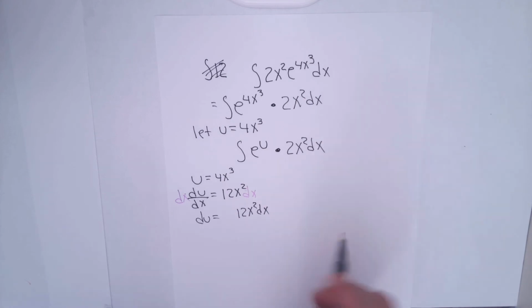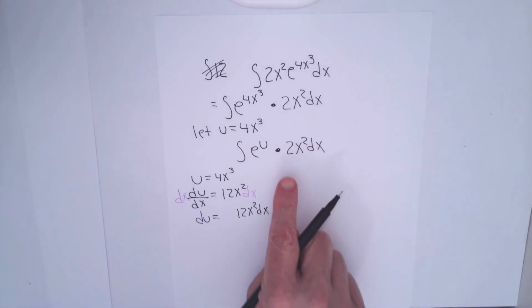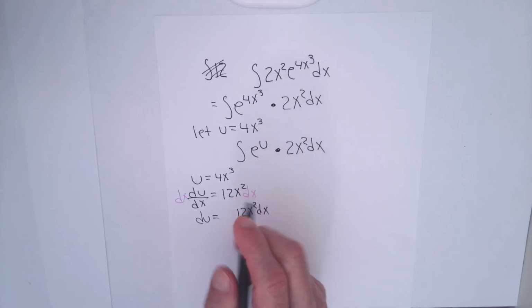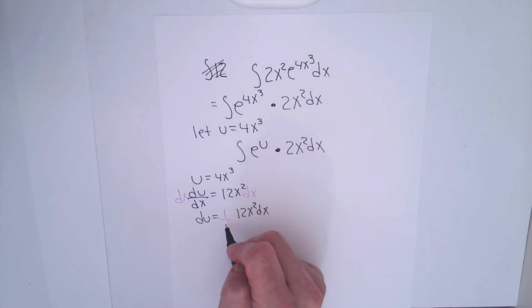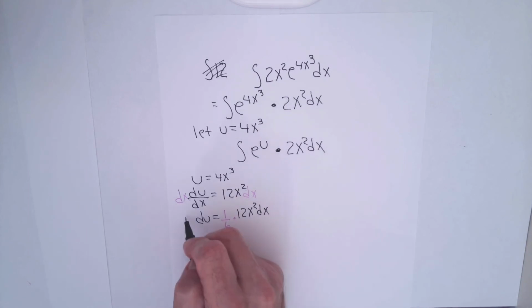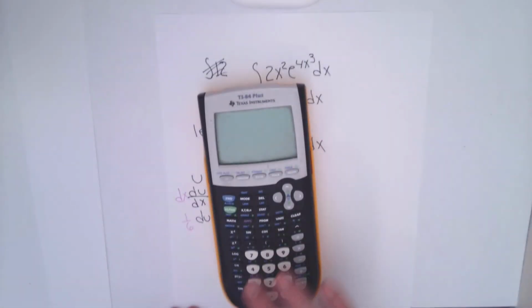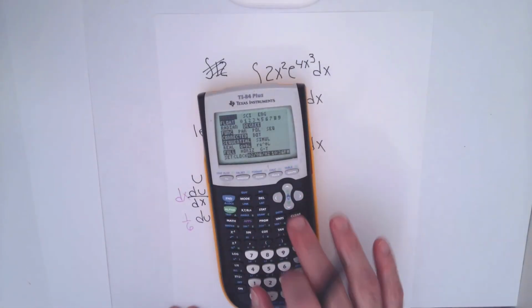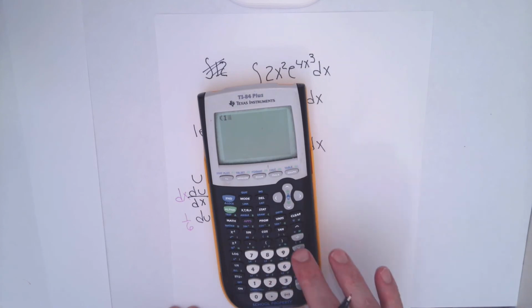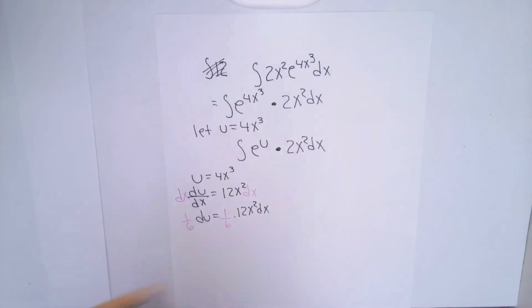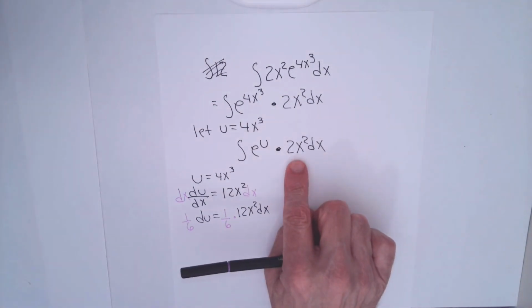Well, 12 divided by 6 is 2. I'd better do multiplication because it's going to make it easier. So to turn this 12 into a 2, I could either divide by 6 or multiply by 1/6. It's easier for our purposes if I multiply by 1/6, because 1/6 times 12 gives you 2. So I'm multiplying both sides by 1/6 with my whole goal of getting rid of 2x squared dx.